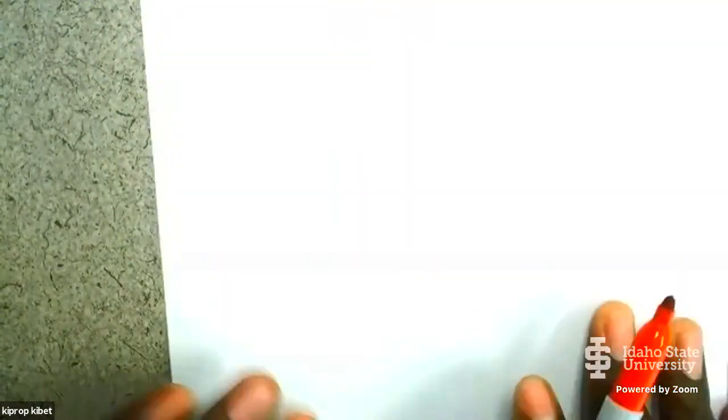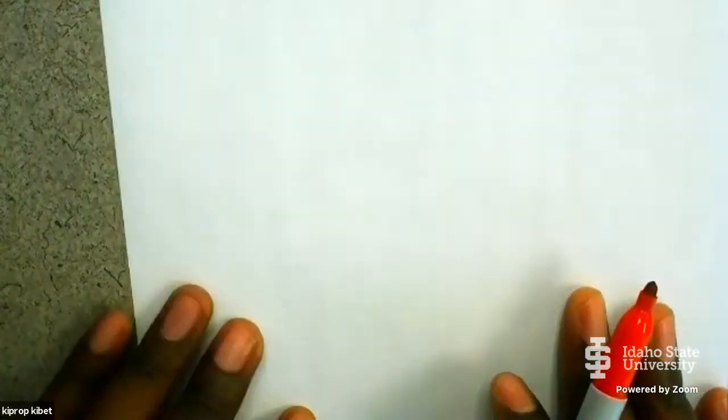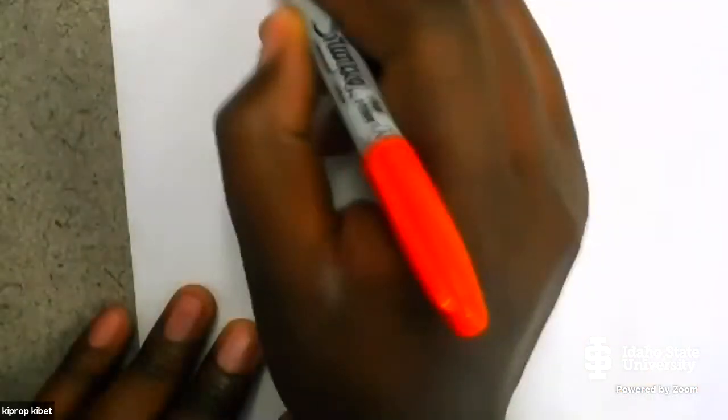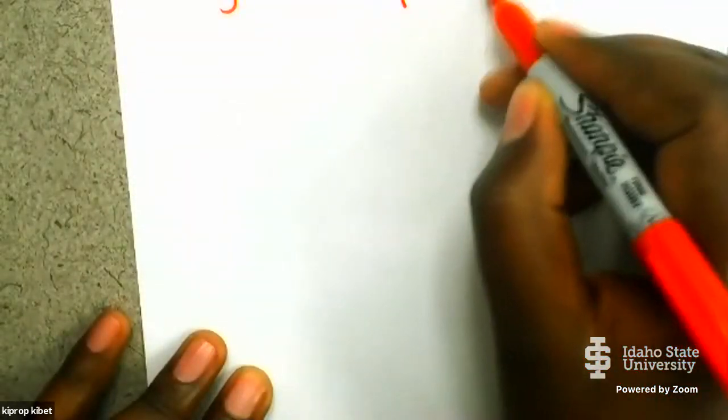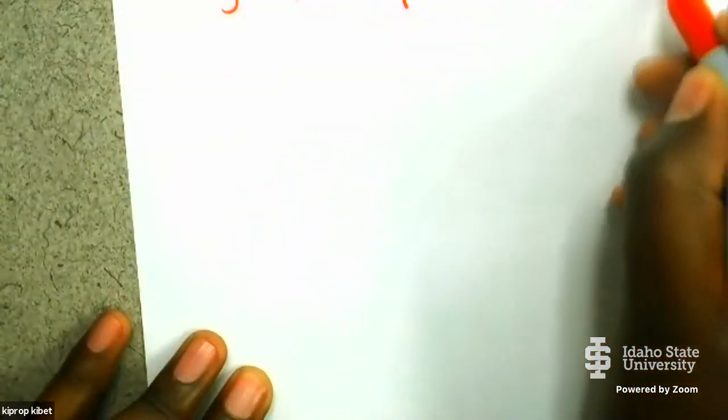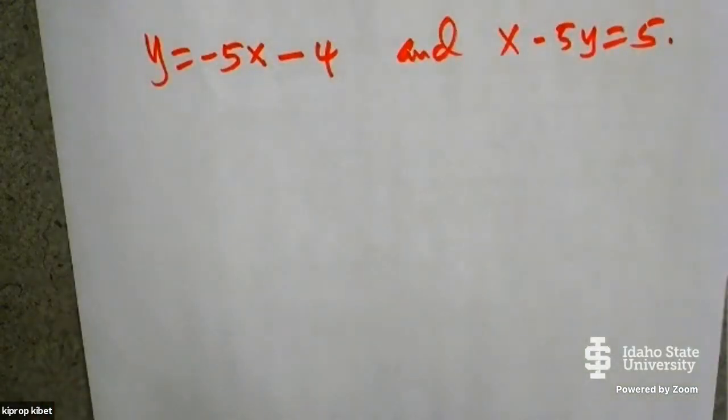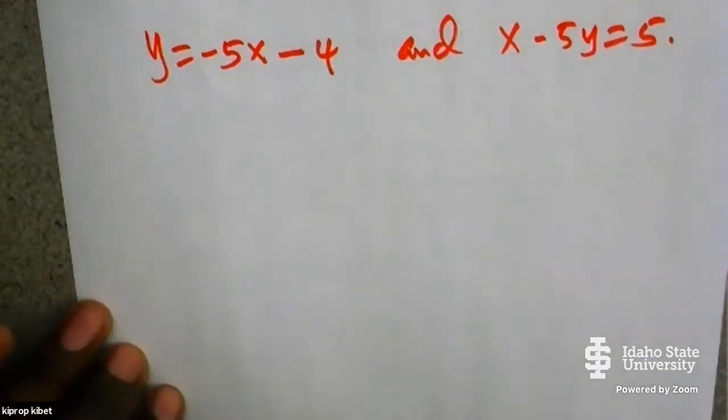So, example. Use the slope to determine if the lines are perpendicular. y equals -5x - 4 and x - 5y equals 5. So the two lines are there. First of all, you write this one in slope intercept form.